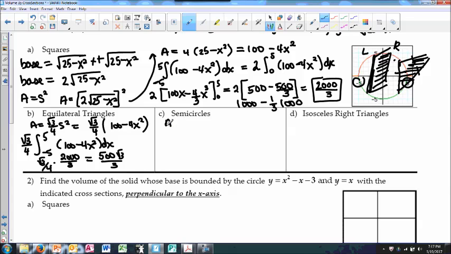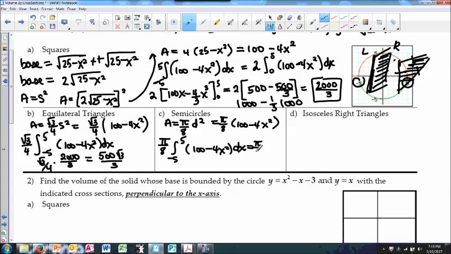Similarly, for the semicircle, we said the area of a semicircle in terms of its diameter is pi over 8 diameter squared. So that's going to make our area pi over 8 times the f minus g being squared, which we have from the previous part A. So that means that my integral is pi over 8 from negative 5 to 5, 100 minus 4x squared dx, and the only difference is I now have a pi over 8 times the 2,000 over 3.